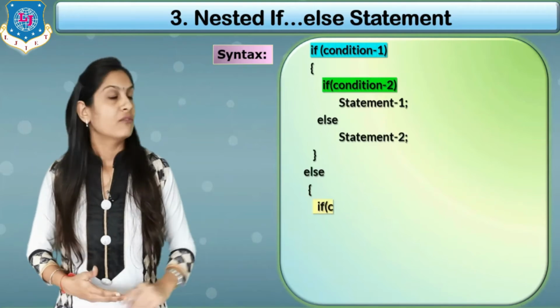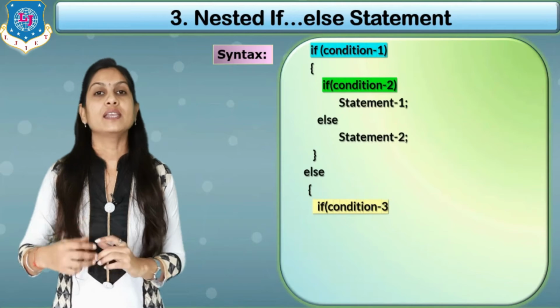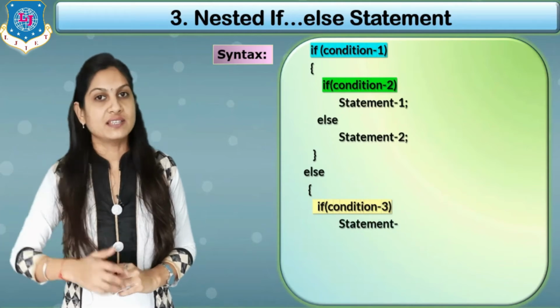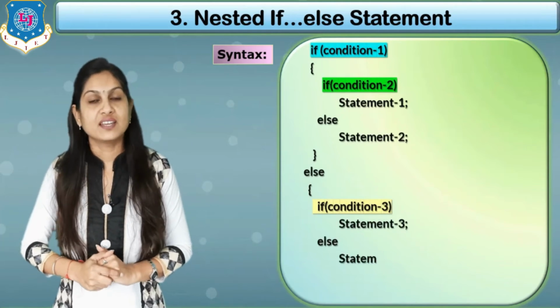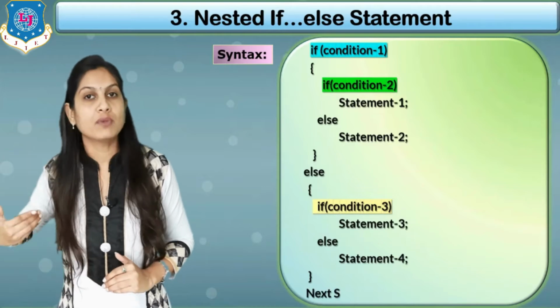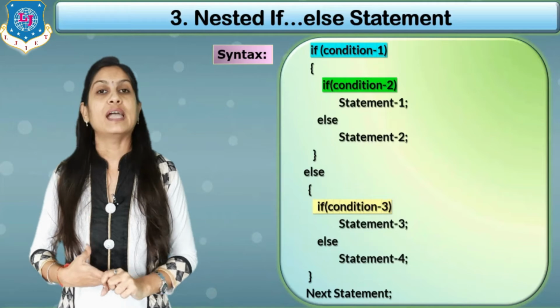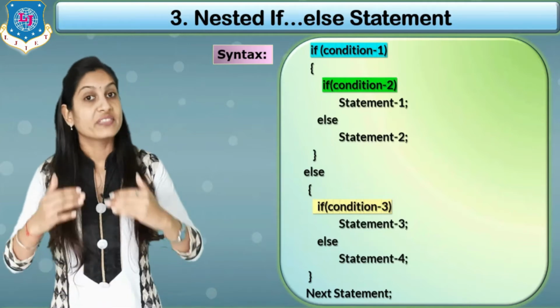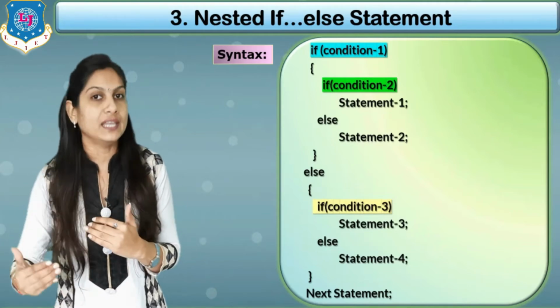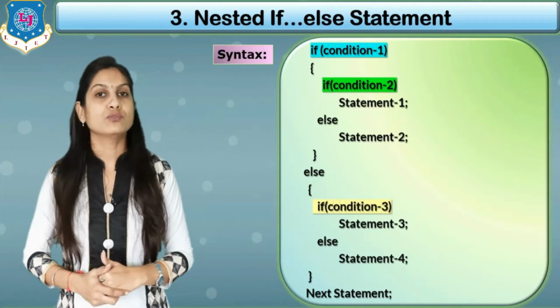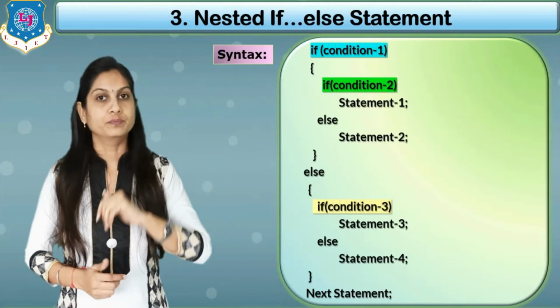So simply you use if else, and inside the if you again use if else. The syntax is the same. First we write the if with a condition, condition 1. If this condition is true, then again we go into an if and check the second condition, condition 2.